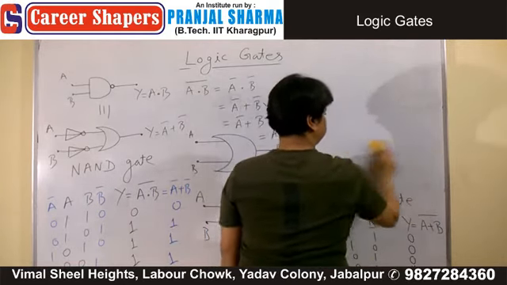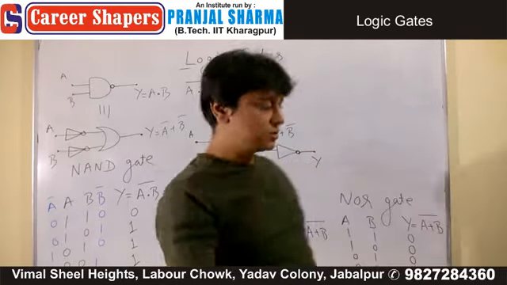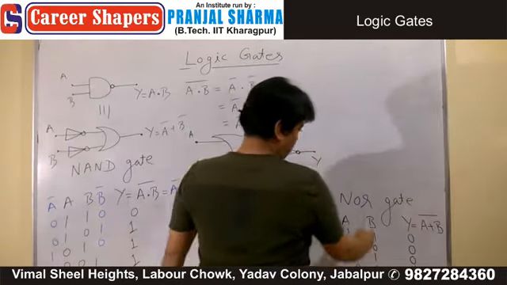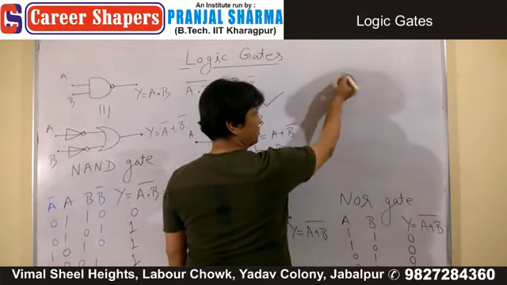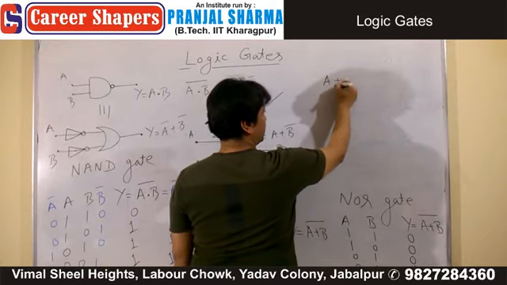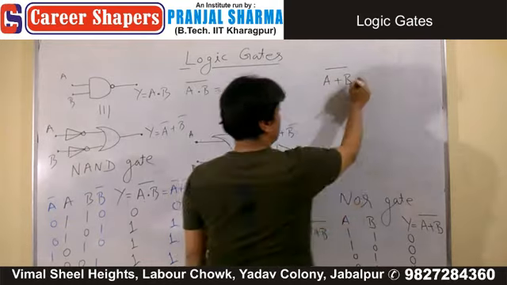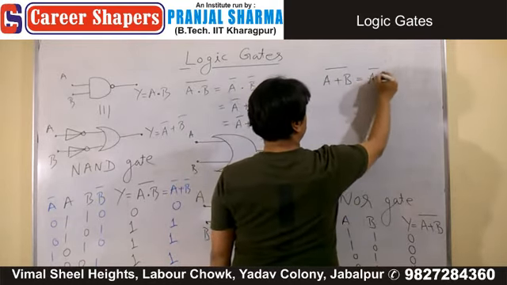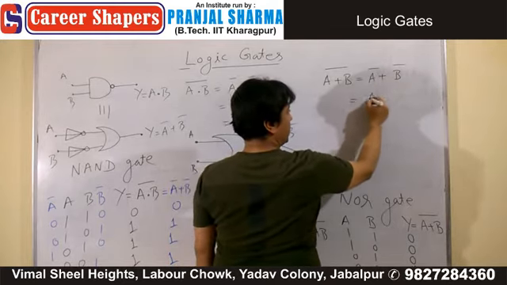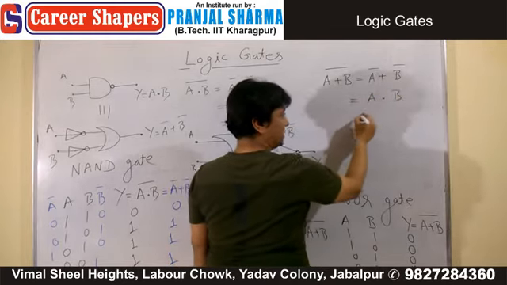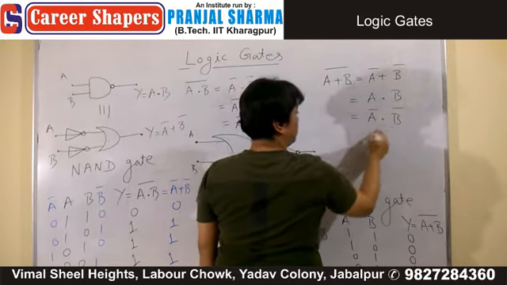Now answer this. NOR gate, the rate was B bar. So if I give you A plus B bar, this is A bar plus B bar. This is A multiplied by B. This is A bar multiplied by B bar.